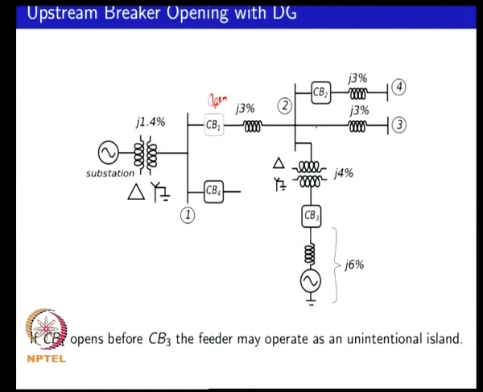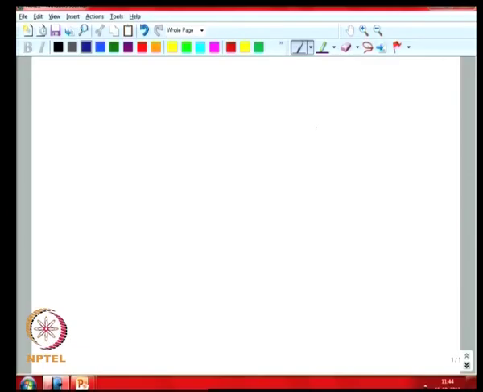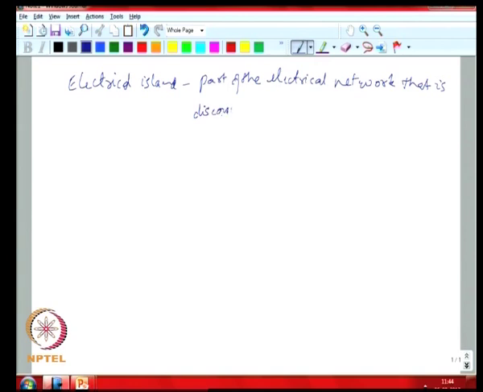If you look at an electrical system, an electrical island is essentially a small part of the electrical network in the distribution system, and this smaller network is disconnected from the main grid due to an open circuit.